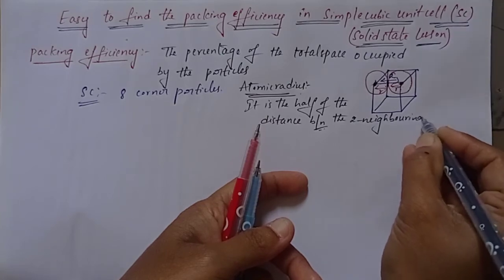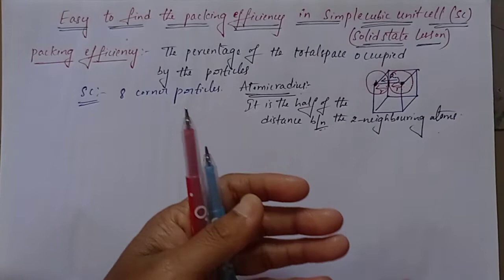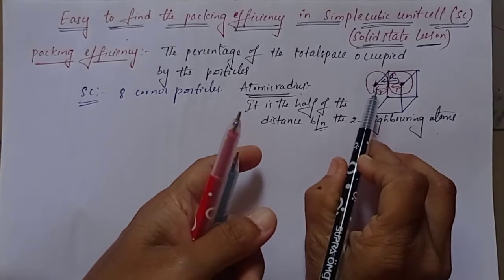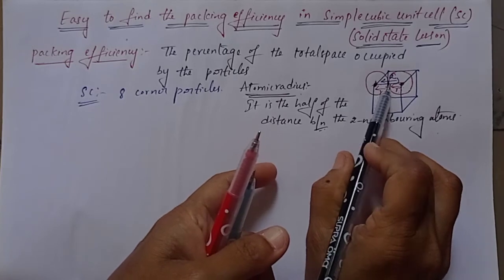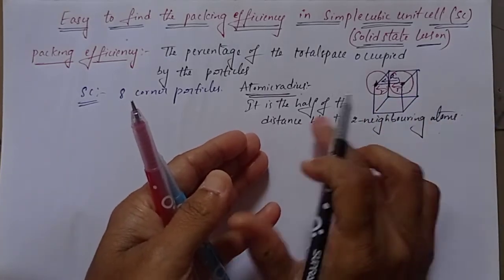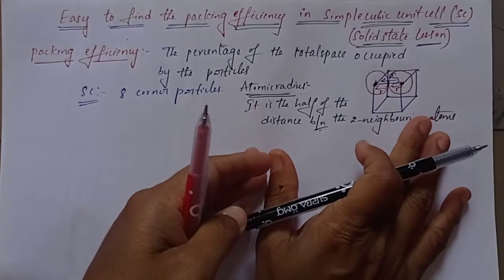That is nothing but atomic radius. Otherwise we can say that it is the distance between the center of the nucleus and the outermost valence shell of an atom. So this is the atomic radius, students.